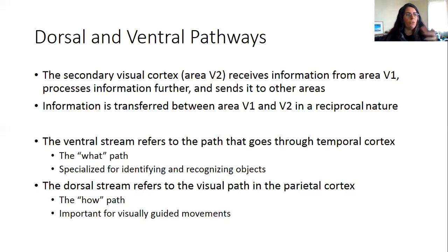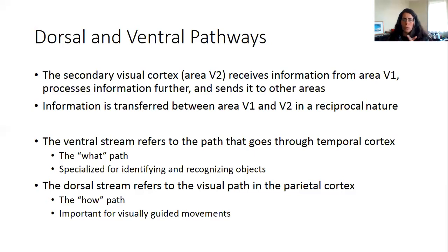And if I want to reach out to grab it, to take a sip, that's activation in the dorsal pathway, the how, sometimes called where or action pathway. Again, important for visually guided movements.